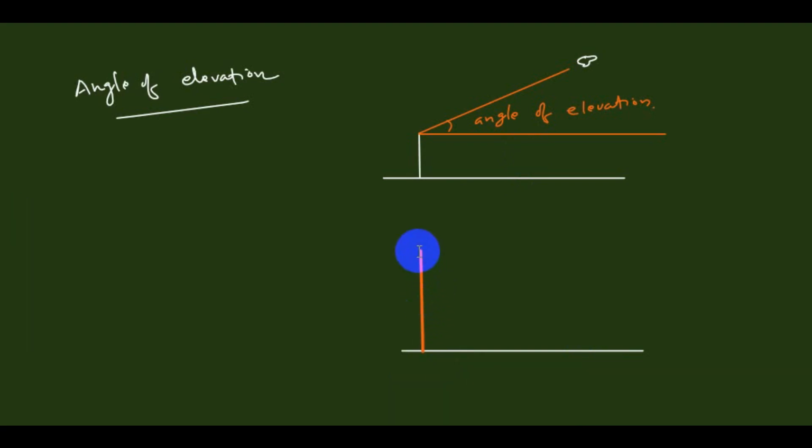This one is the top of the hill or the top of a tower or the top of a building. If a man is there, when he observes things at the bottom, something is there below this building, let it be a car. If he looks straight, parallel to the earth, his ray of vision will be like that.